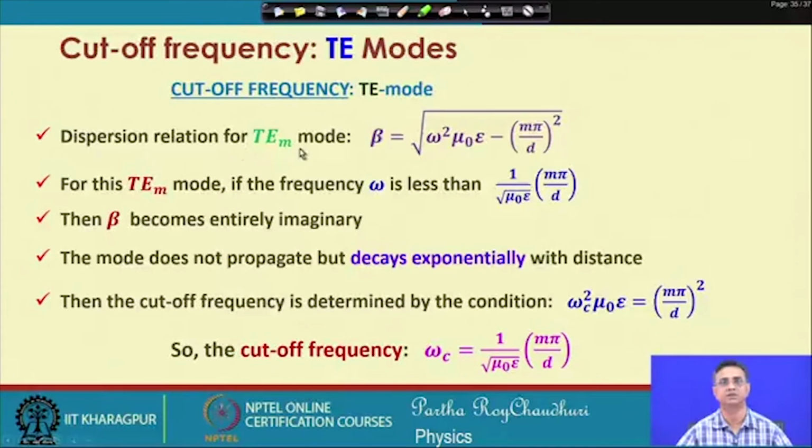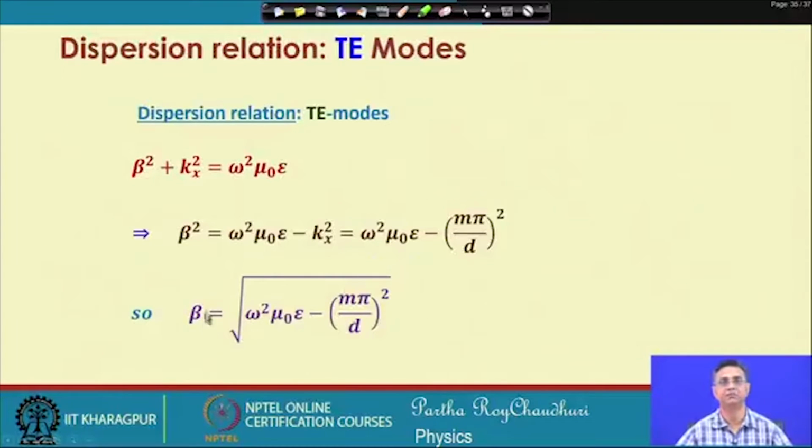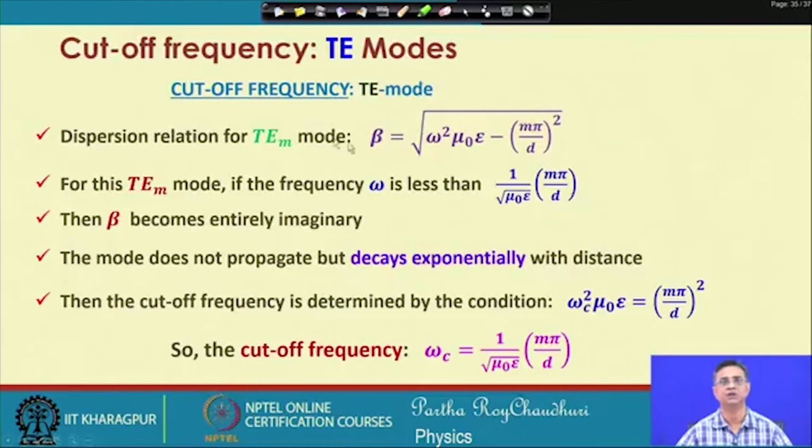If you look at the dispersion relation for these modes, we call them TM modes, because there is a general index m, which can take up 1, 2, 3, 4, etc. So, these modes will be TM1, TM2, etc. This is the dispersion relation for the mode.